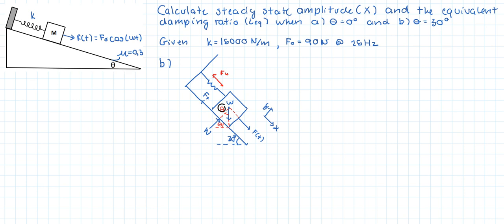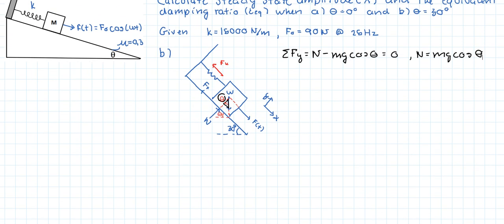Just as before, we're going to do a force balance in the y direction. So we have the normal force pointing upwards minus W, and here we're going to take the cosine of this triangle, minus mg cosine theta equals 0. So the normal force is equal to mg cosine theta.